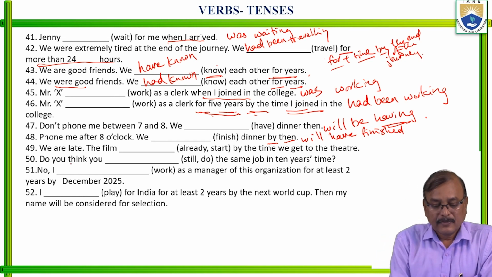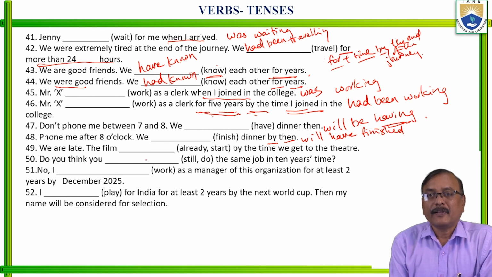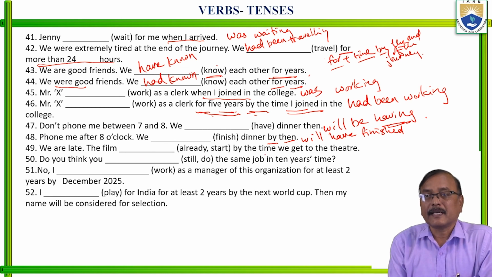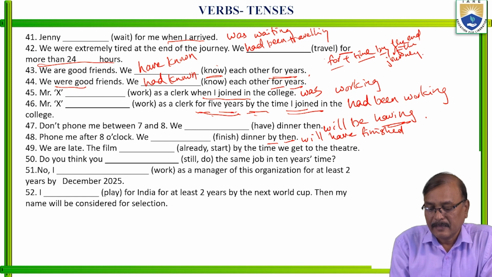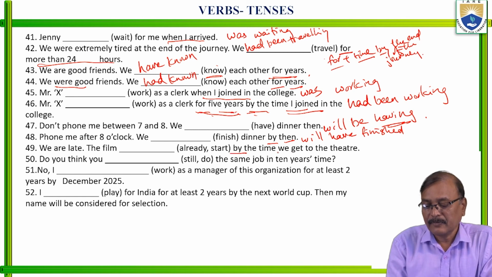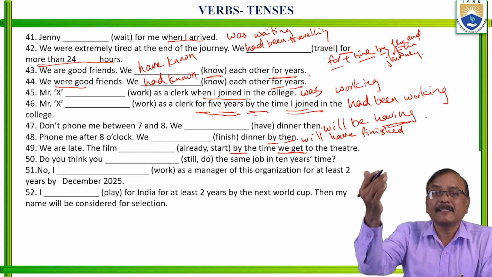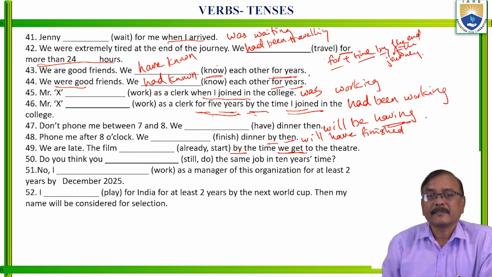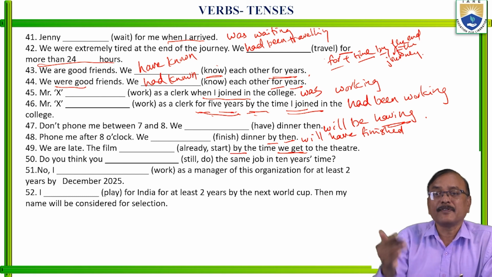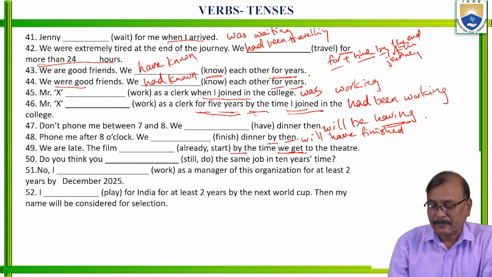Next, we are late. The film already start by the time we get to the theater. You see, by the time we get, not got. By the time we get there, by the time we go there, means by plus future. So, future perfect.